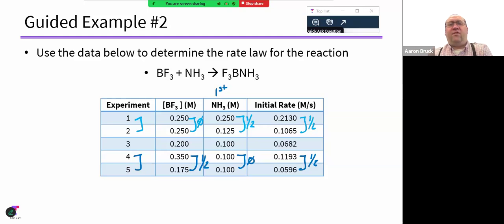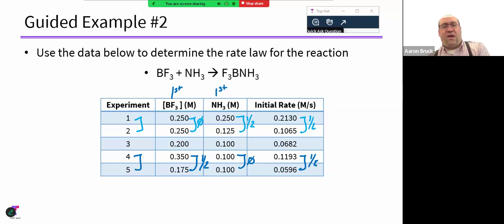So what is the order of the boron trifluoride? It's also first order. I changed its concentration. The rate changed by a similar factor. That's the definition of first order.